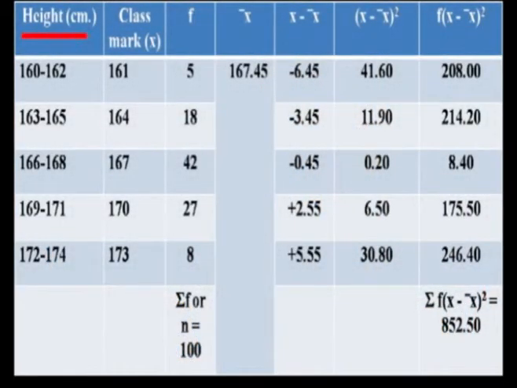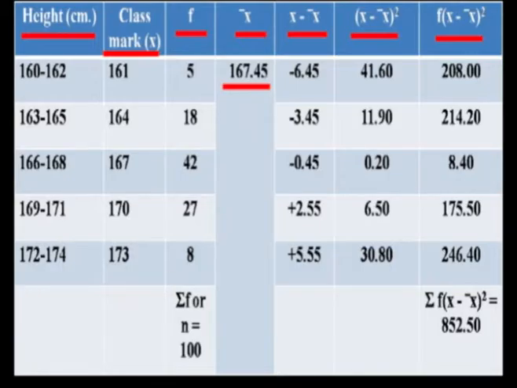Let us look at this table. Here I have presented the height of certain individuals, say for example 100 individuals, and the distributions are here. The class mark for each class interval, the frequencies of the corresponding classes, and the mean, 167.45, are presented. Here I have found the deviation of each class mark from the mean.